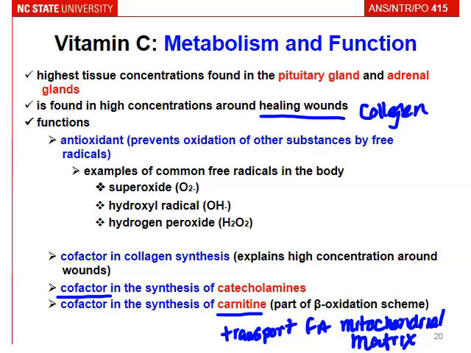So if you remember, the CoA on the fatty acyl CoA is replaced with carnitine, and it uses carnitine to get through that inner membrane space in the mitochondria. Beta oxidation is occurring within the matrix, so this is needed to transport our fats into the mitochondrial matrix.